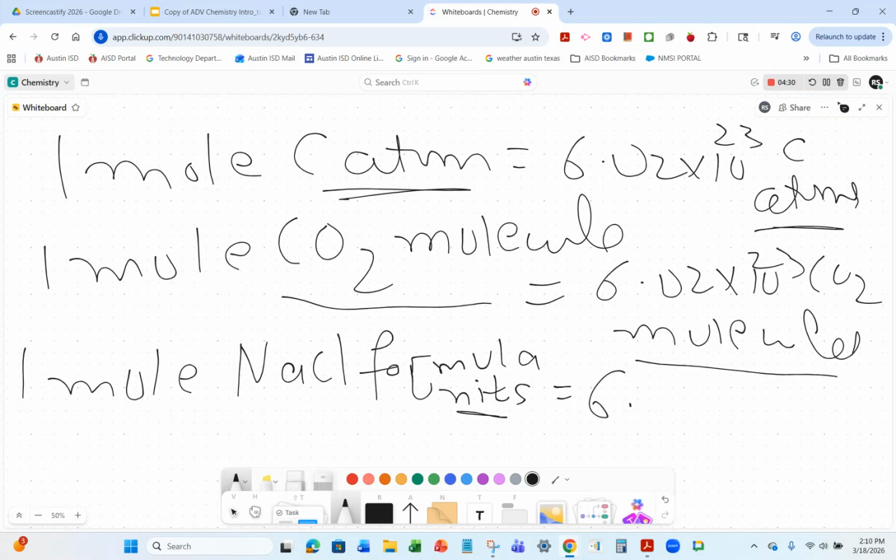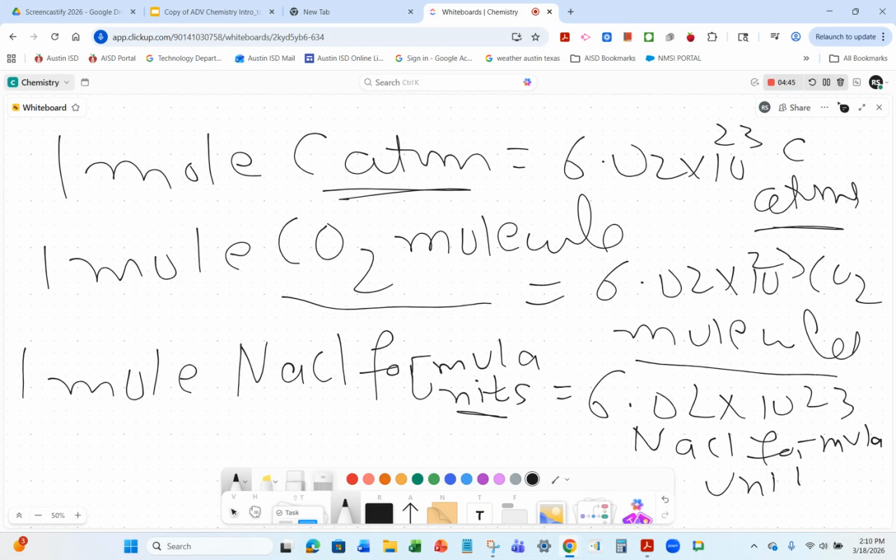So it's the same thing: 6.02 times 10 raised to the power 23 sodium chloride formula units. This is in terms of number. This is our one known information in terms of number.